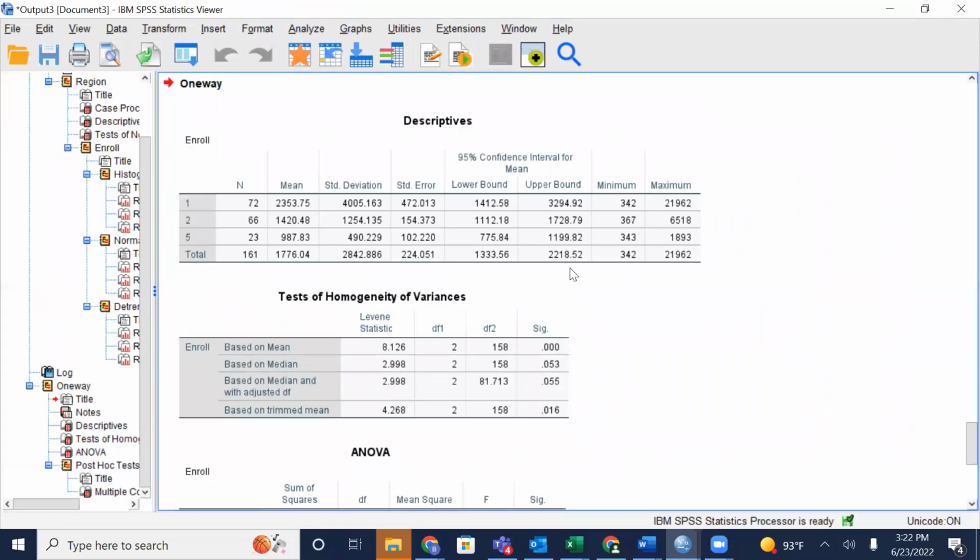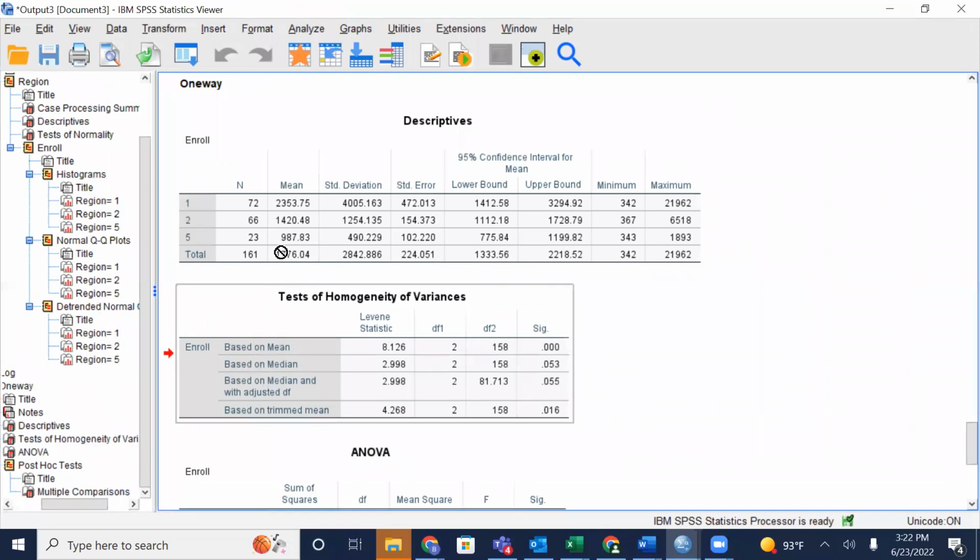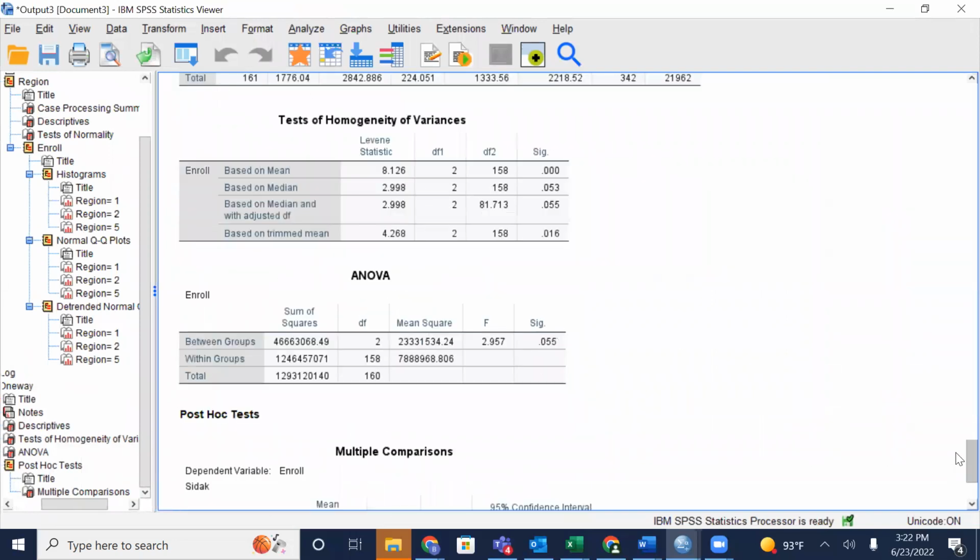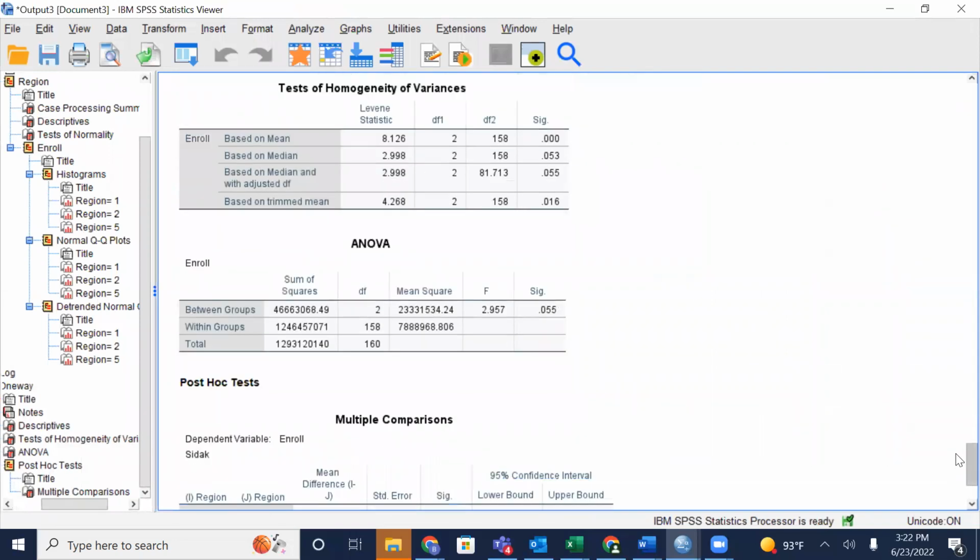All right, so we have our descriptive statistics here. I like to look at this here as well, but I'm going to go down here to ANOVA and see what we have.